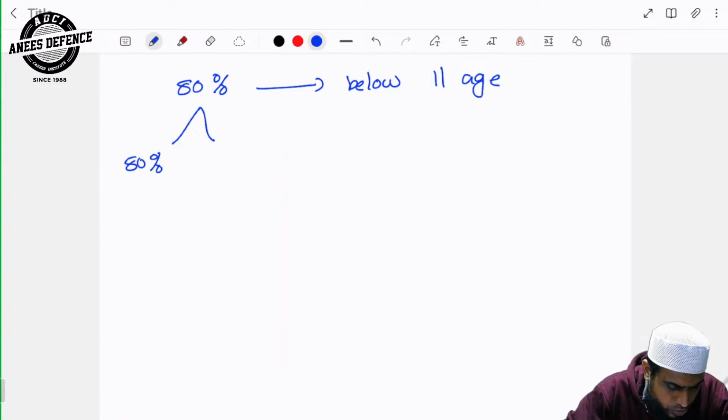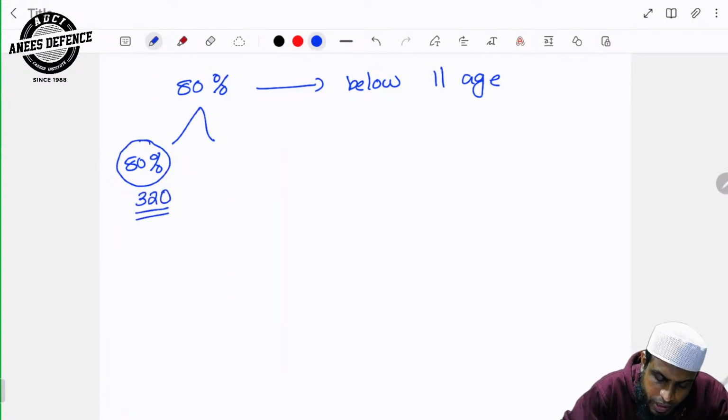If 320 students below 11 are regular, then find the ratio of the number of students below 11 years who are regular and irregular in summer class. So here this 80 percentage is given as 320.